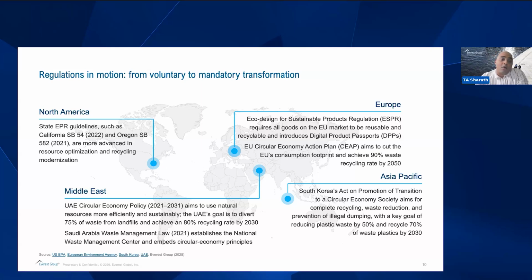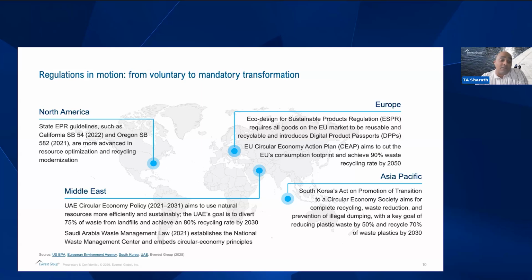But again, they are also supported by state-wise guidelines like California SB 54 and Oregon SB 582, which accelerate and ensure that optimization and recycling modernization is done through research. And within the Middle East, the circular economy policy of the United Arab Emirates 2021 to 2031 aims to use natural resources more efficiently, and their goal is to divert 75% of waste from landfills and achieve an 80% recycling rate.